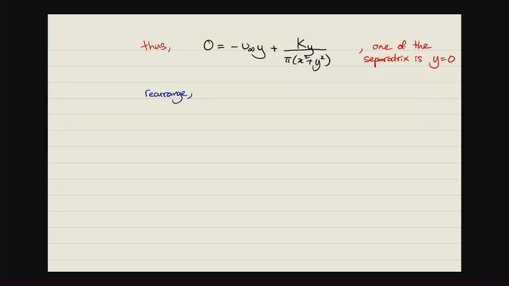Okay, so what I'm going to do is take this term here and move it to the left-hand side, and then move this back under. Well, you'll see what I'm doing. You'll end up with x squared plus y squared equals, and u infinity goes underneath here, so you get k over pi u infinity.